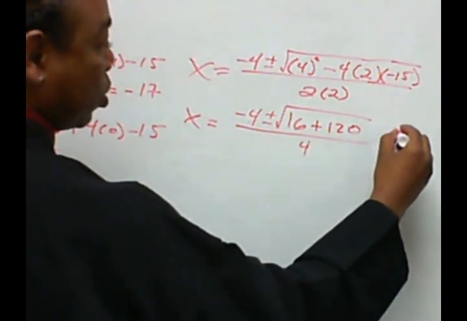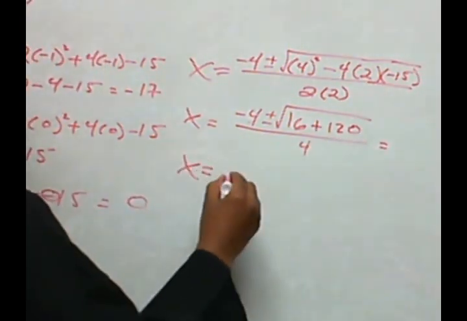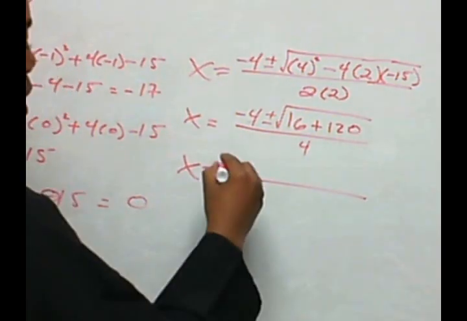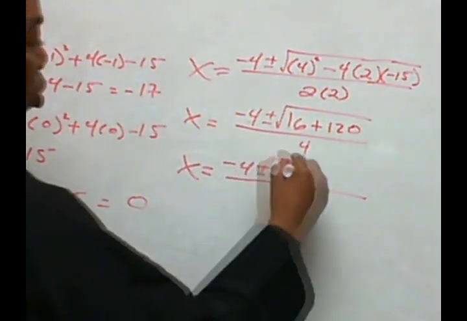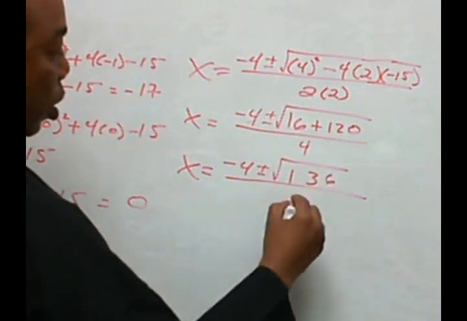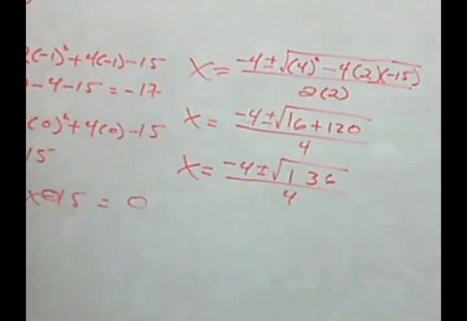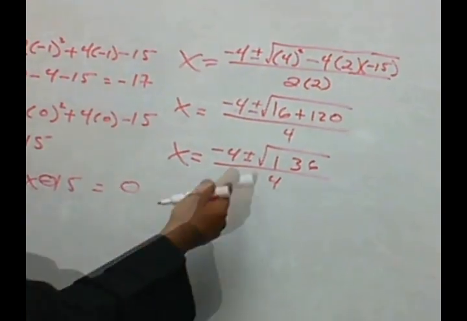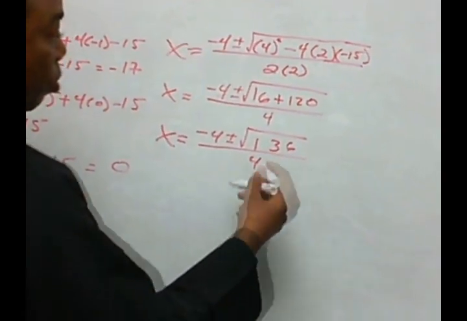This combines to become -4 plus or minus the square root of 136, all over 4. Now, the question is, is there a perfect square inside 136?